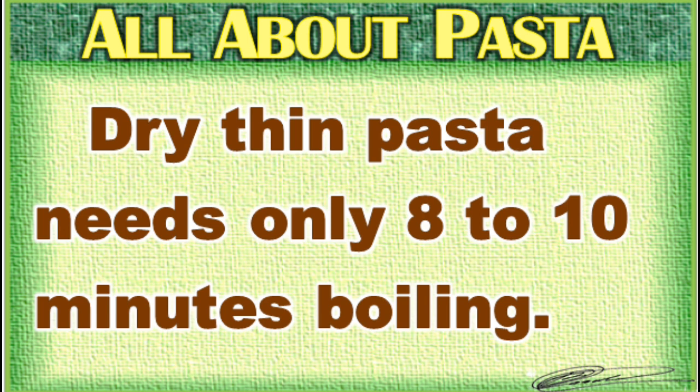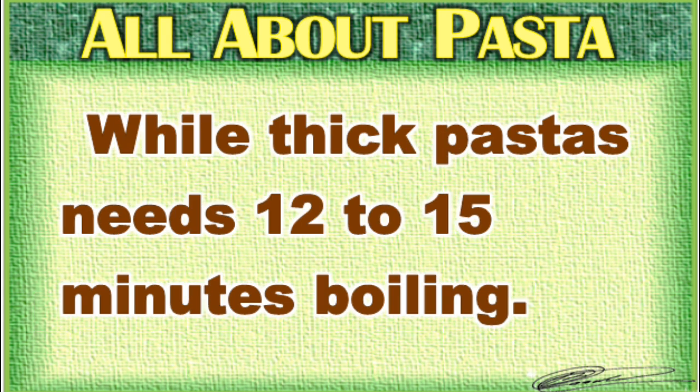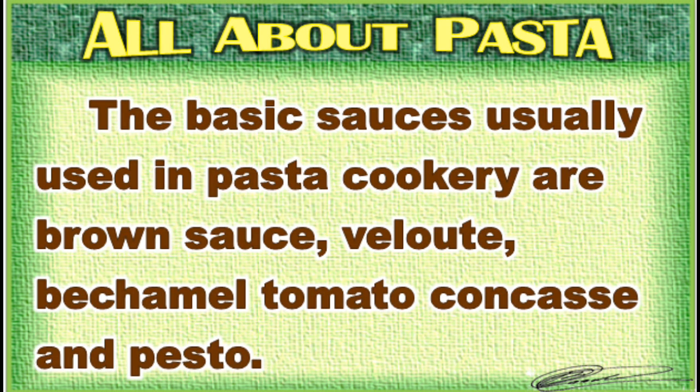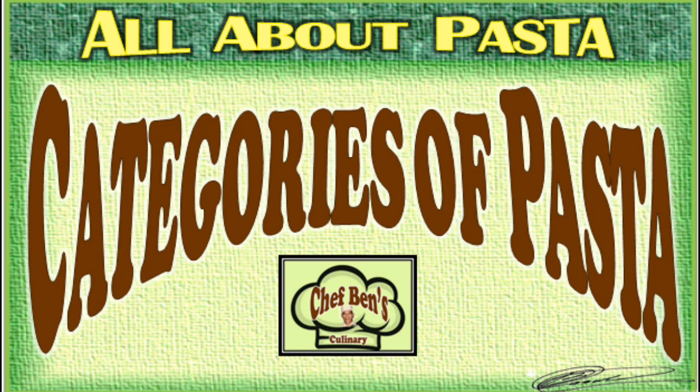Dry, thin pasta needs only about 8 to 10 minutes boiling, while thick pastas need at least 12 to 15 minutes boiling. The basic pasta sauces usually used in pasta cookery are brown sauce, velouté, bechamel, tomato sauce or tomato concasse, and pesto. There are several categories of pastas.